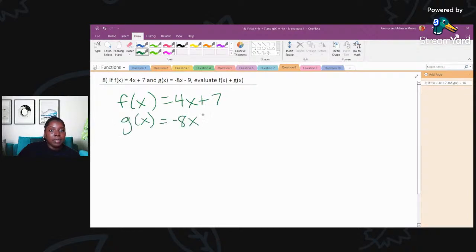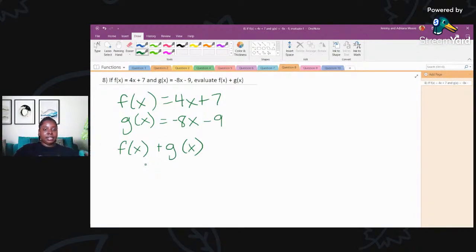So again, it says evaluate f of x plus g of x. So I want you to try and tell me what you get.